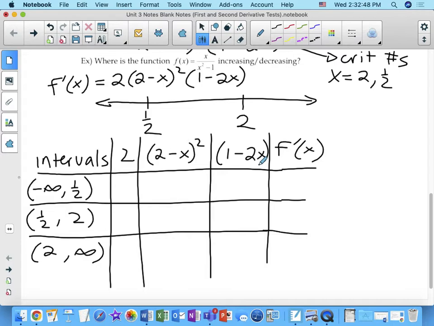Okay, so 2, it doesn't depend on x. So 2 is positive everywhere. So these are all positive.